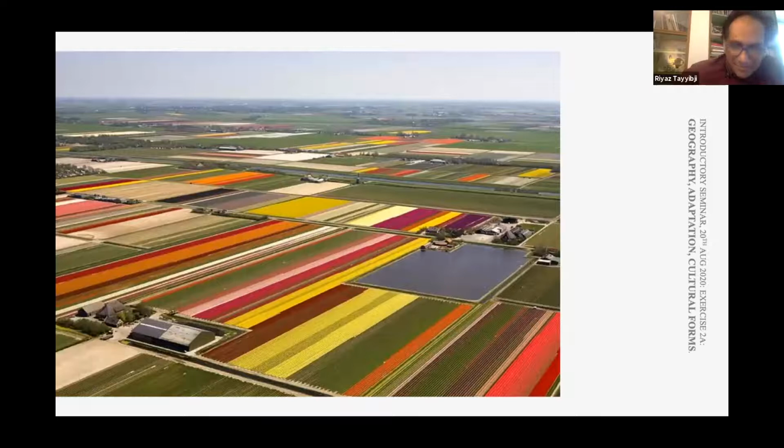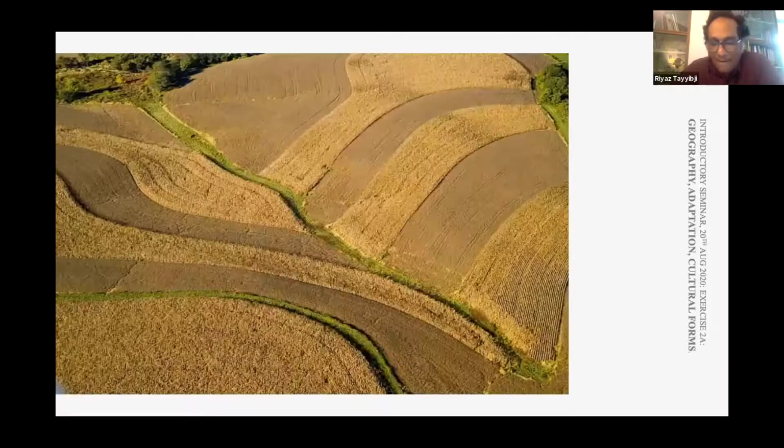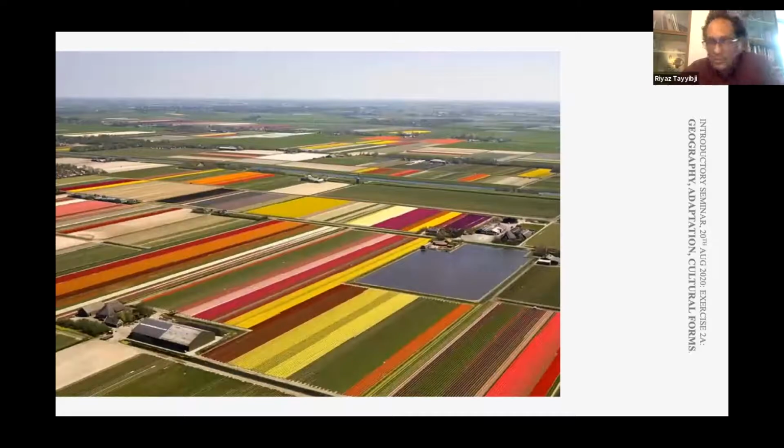The landscape gets adapted in many ways. That is the Netherlands with the tulip farms, mechanized to quite another level. The Dutch, of course, are the masters of artificial land. They built a country that was underwater and have, with cartography and canal making, hydrology, been able to adapt to the most incredible situation.